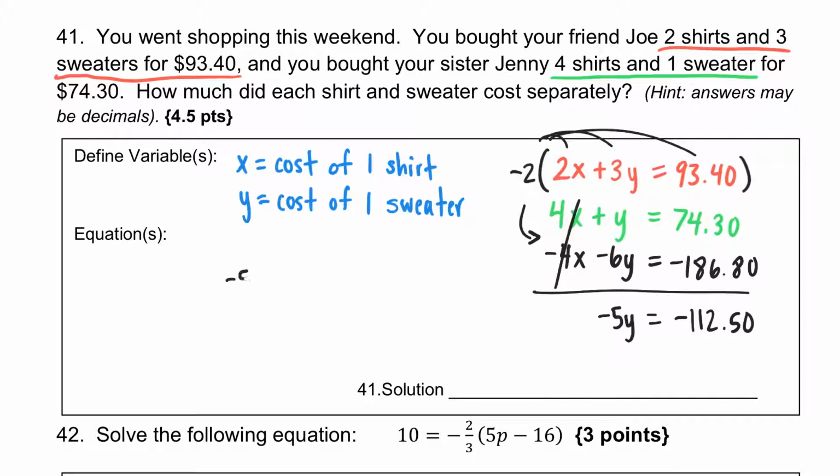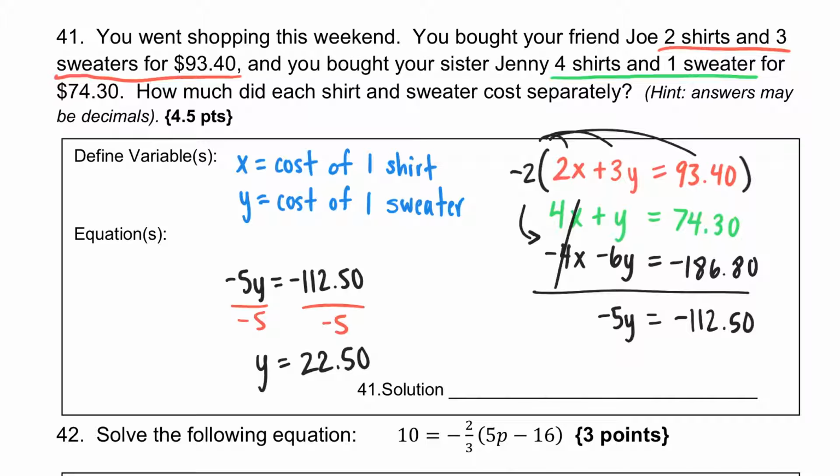So you have -5y is equal to -112.50. If you divide by -5 on both sides, you would get that y is equal to 22.50.